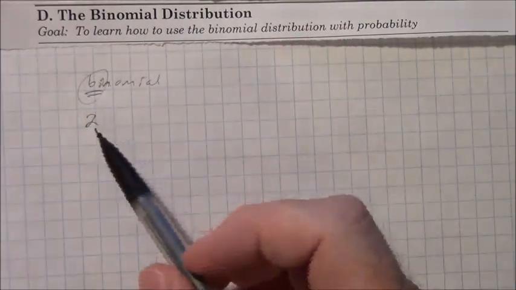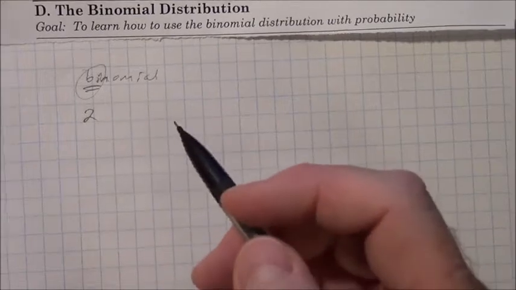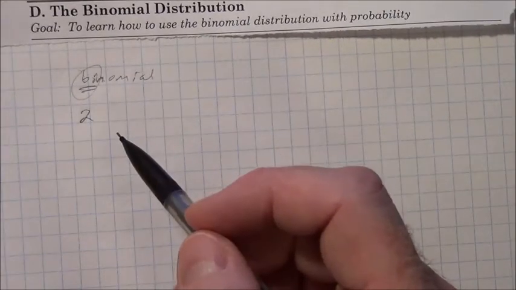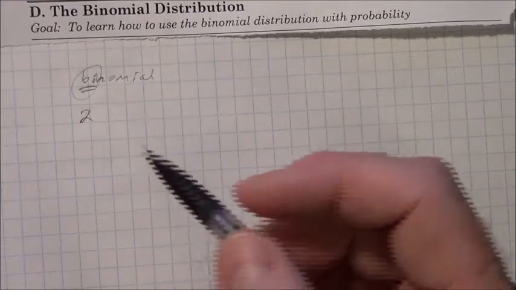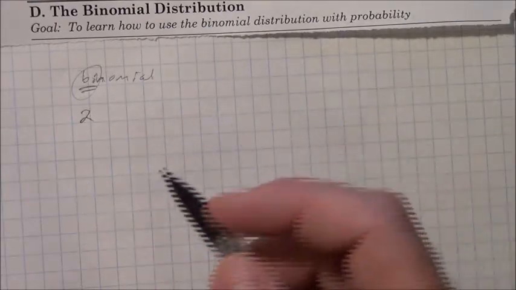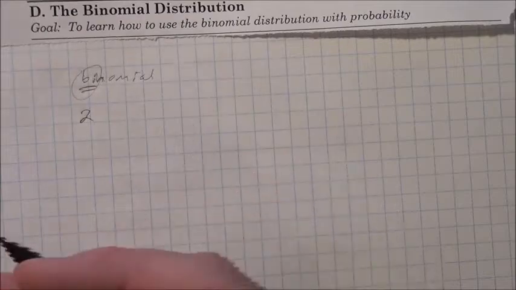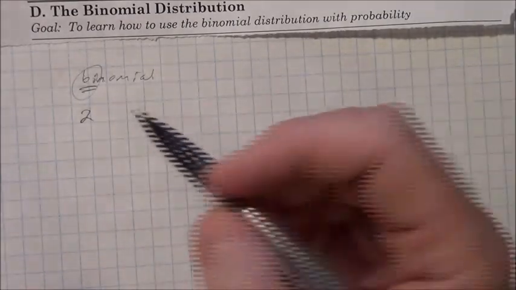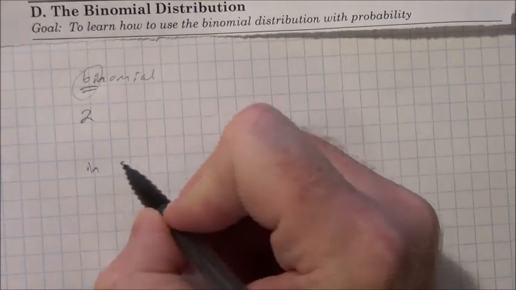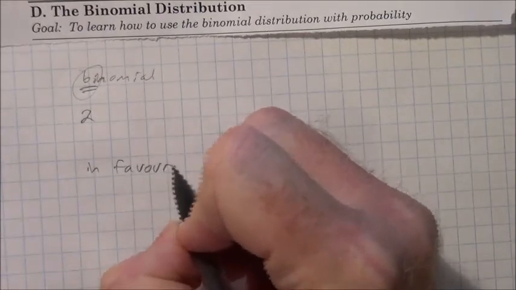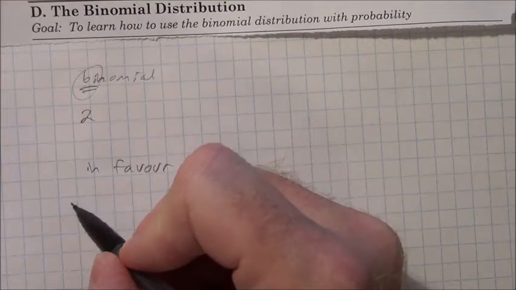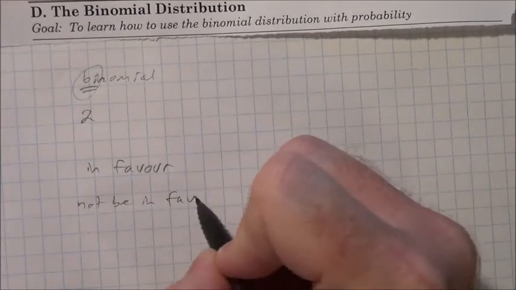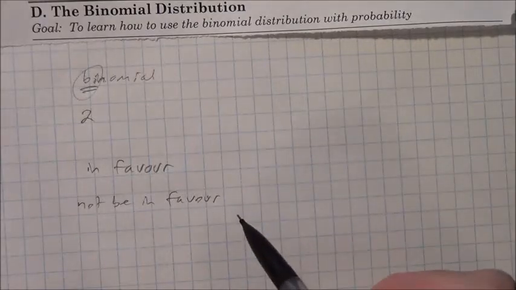So when we start talking about probabilities, if you get situations where there's only two possibilities, like, suppose a group of people are in favor of some sort of decision. Some people are in favor and others, of course, would not be in favor. So those are the two possibilities.